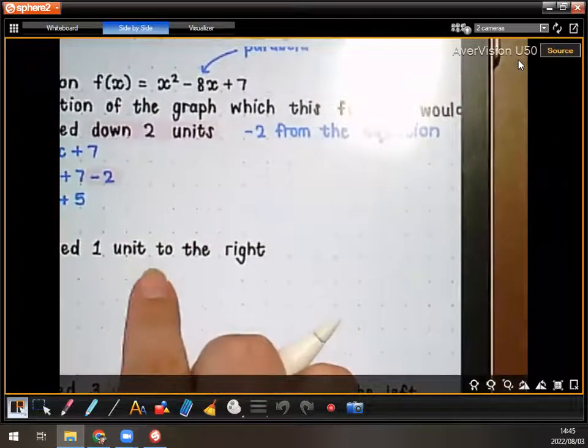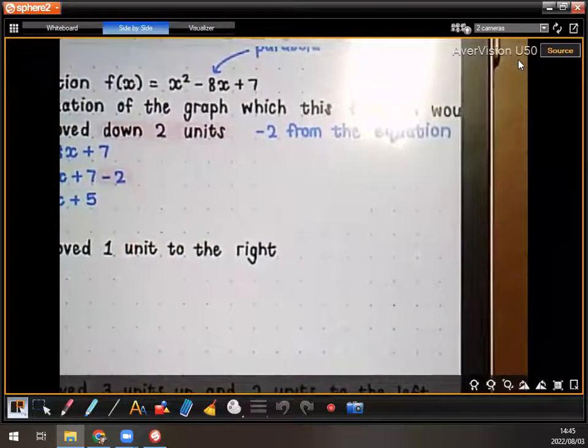Now, because we're moving 1 unit to the right, which is in the positive direction, we're going to have to put an x minus 1, right? Remember the x bracket is always a different sign from what's actually happening.